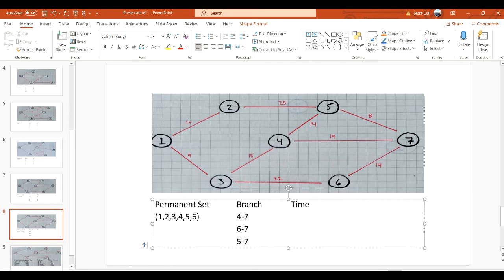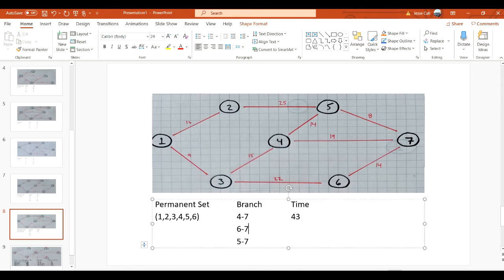We see that 1, 3, 4, 5, 7 is 43 minutes. I made one mistake here. This line should not have been drawn because we know 1, 2, 5 is never fastest. That's my mistake. I'm sorry, everyone.